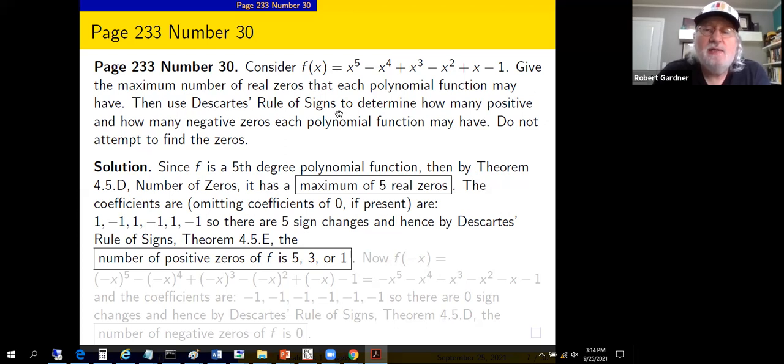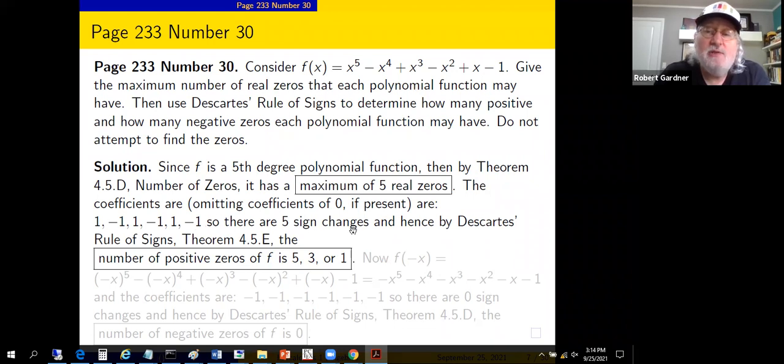Descartes' rule of signs, let's look for positive zeros or negative zeros. So the coefficients, omitting any coefficients which are zero, and there are none in this particular case, are 1, negative 1, positive 1, negative 1, positive 1, negative 1. There are 5 sign changes: 1, 2, 3, 4, 5.